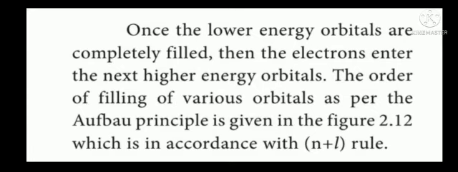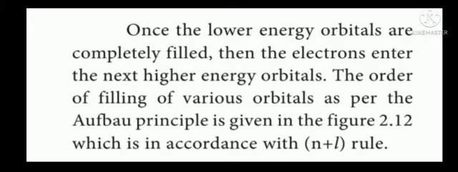Once the lower energy orbitals are completely filled, the electrons enter the next higher energy orbitals. The order of filling of various orbitals as per the above principle is in accordance with the n plus l rule.